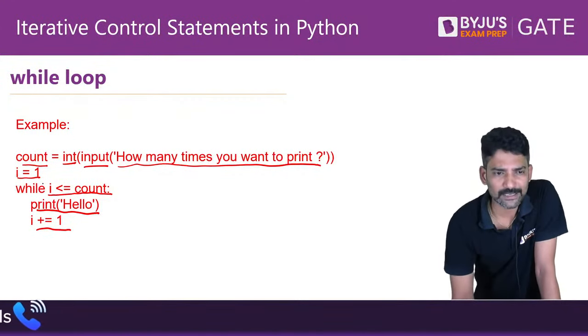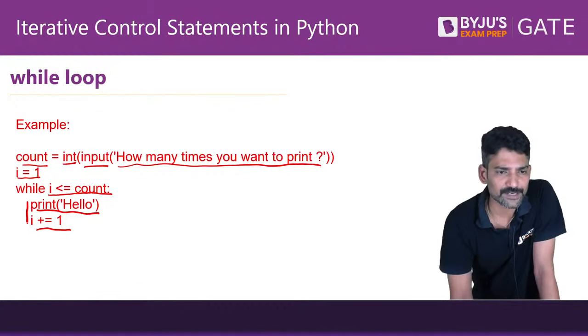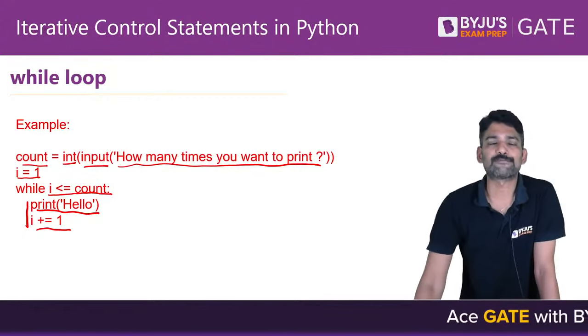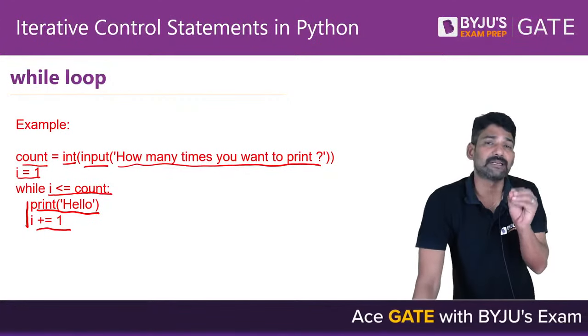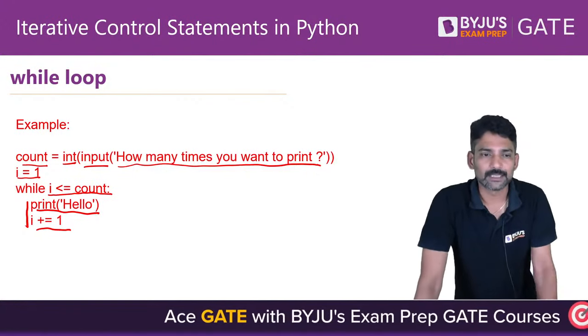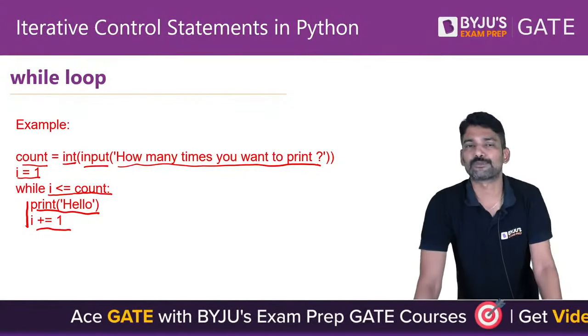Please observe this indentation. The print statement and i plus equal to 1 immediately following while have the same indentation. Hence, the interpreter treats these two statements as part of the while loop.